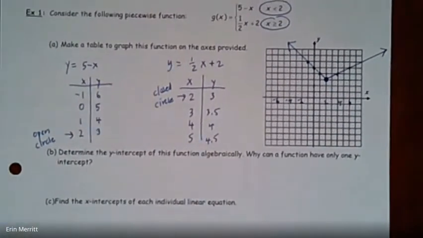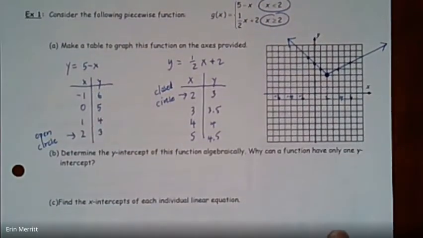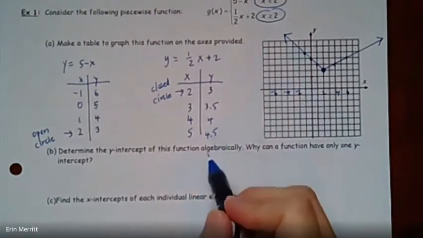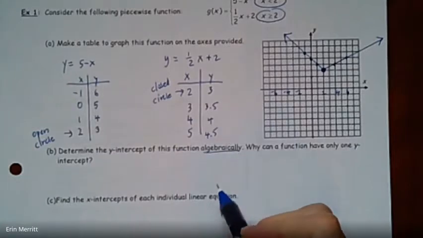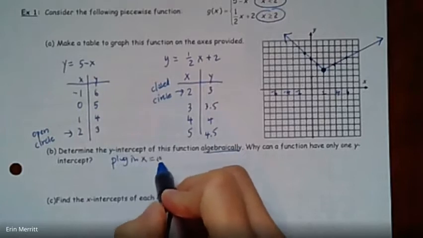It says determine the y-intercept of the function algebraically. Can a function only have one y-intercept? Well, if we calculate it algebraically, then we'd be plugging in x equals 0.